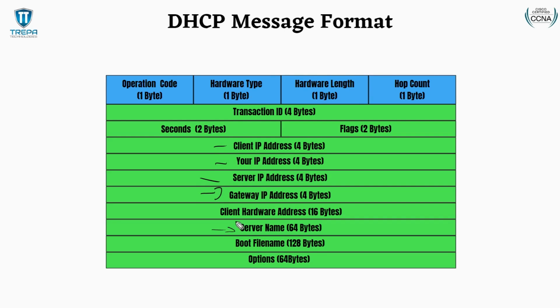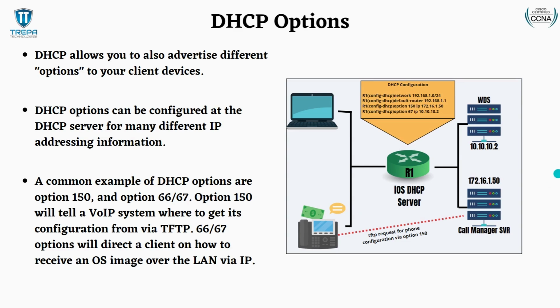What that means is, sorry, excuse me, the DHCP server name. And then any other options. So these are the options we're talking about. So if we need to know the information of a Windows deployment server or maybe a call manager so our VoIP phones can be configured, it's going to be down in there. And again, we're going to look at a Wireshark capture of this, so stay tuned if that doesn't make much sense.